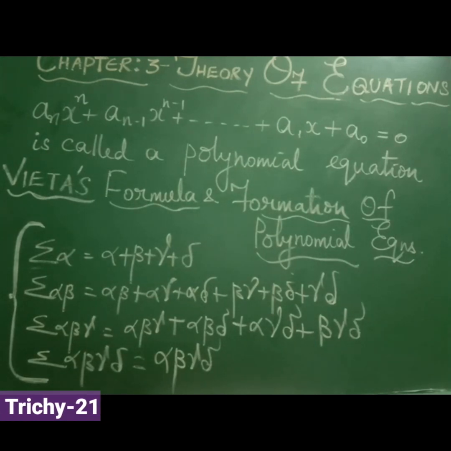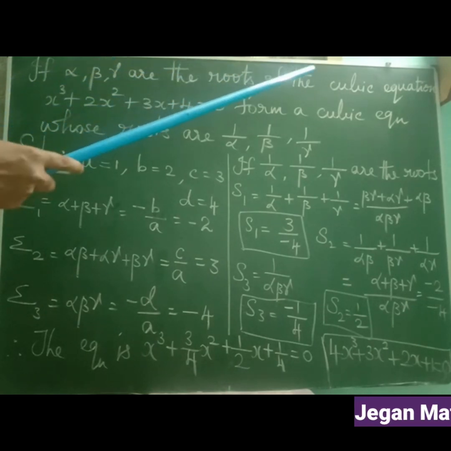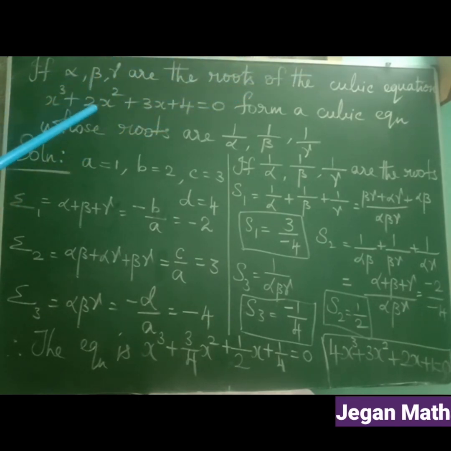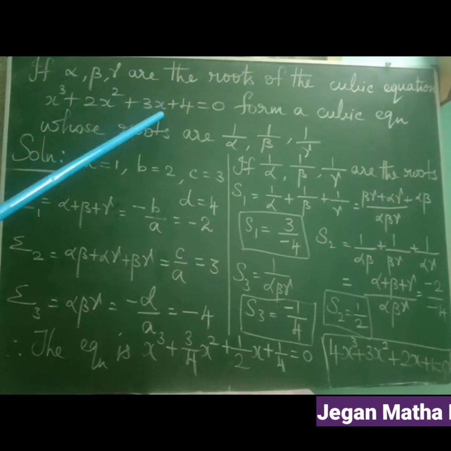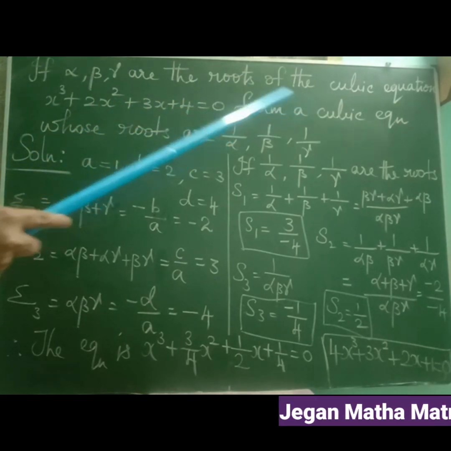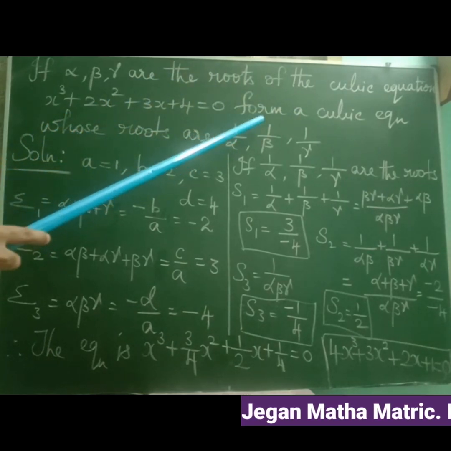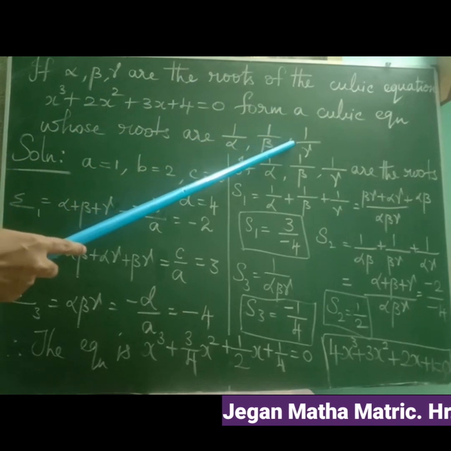Now let us see how to form a polynomial equation by using Vieta's formula. If alpha, beta, gamma are the roots of the cubic equation x cube plus 2x square plus 3x plus 4 equal to 0, form a cubic equation whose roots are 1 by alpha, 1 by beta, 1 by gamma.